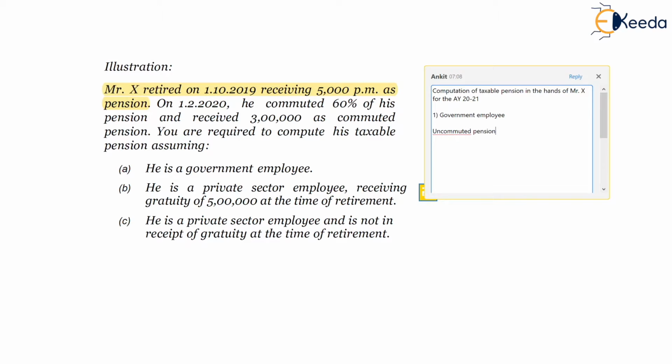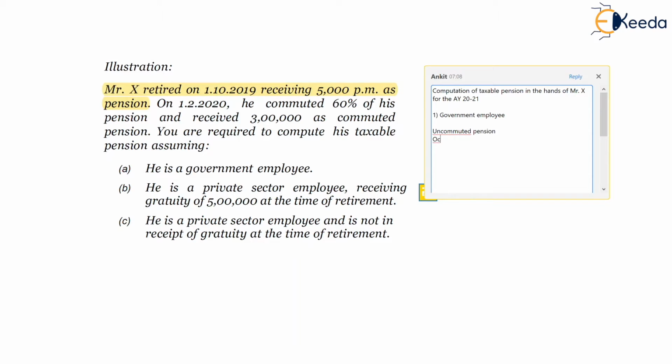Friends, for the uncommuted pension, if you see, there are two parts to it. First, Mr. X retired on 1st of October, right? So October, November, December, Jan. For these 4 months, 5,000 per month was the uncommuted pension, right?